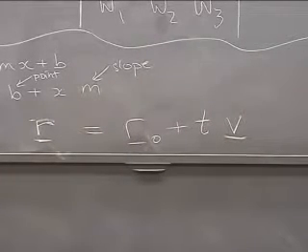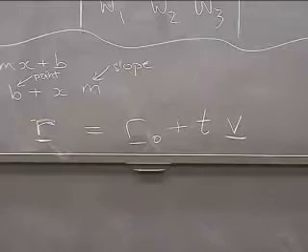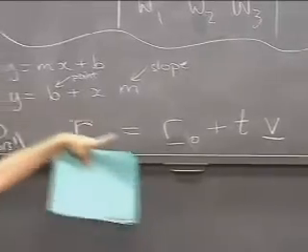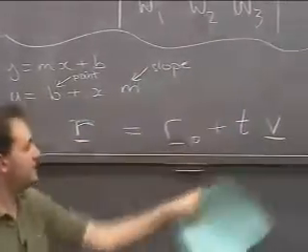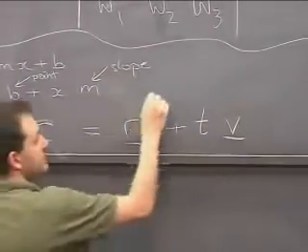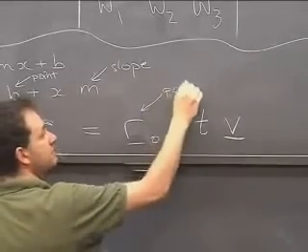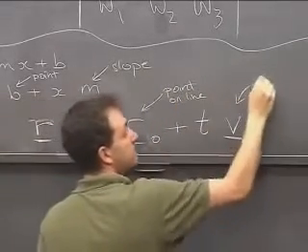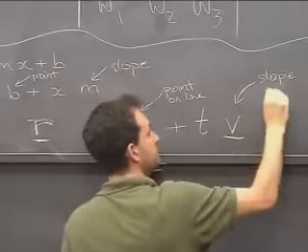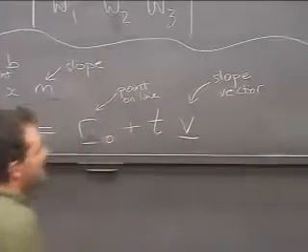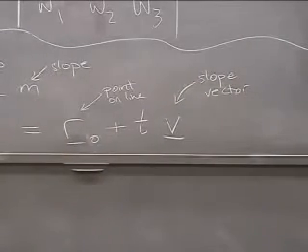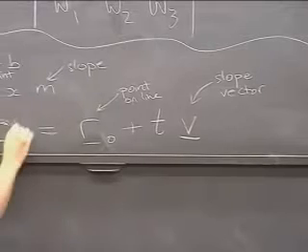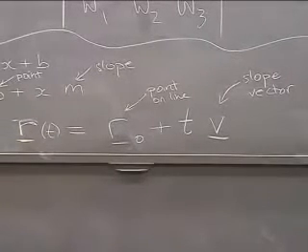That's the equation of the line. And just think of it analogously as y is b plus xm. So I want to think of this as a point on the line, and this is the slope vector. And just to emphasize that t is a sort of parameter here, you could write r of t instead of r.